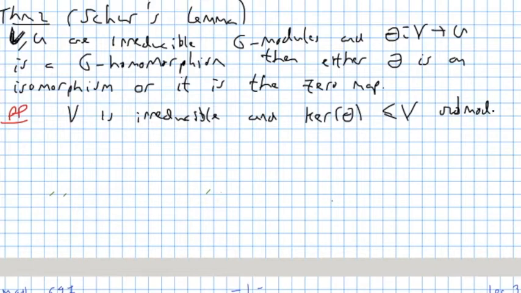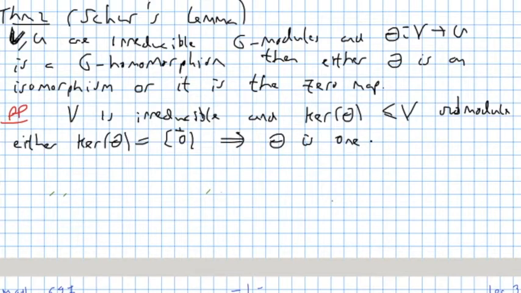So the kernel has to be trivial. So either the kernel is 0, which means that my map theta is 1 to 1, or the kernel of theta is the whole of V. And in this case, well, theta is the 0 map.